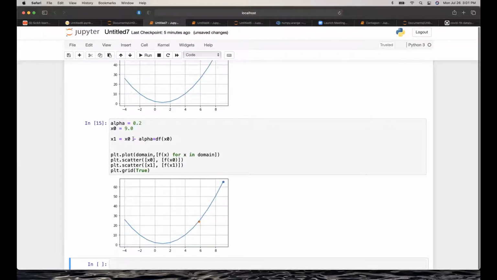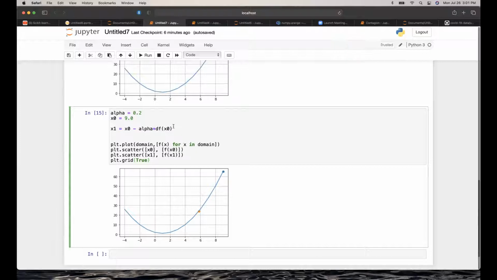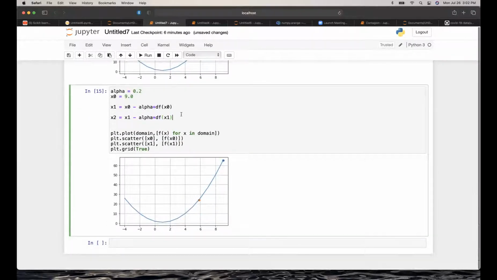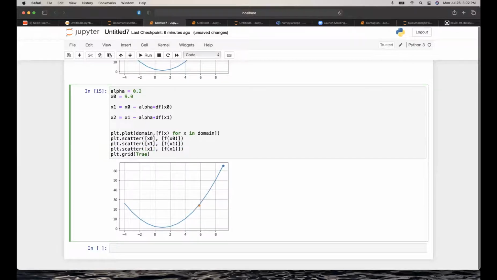And if I didn't mention it clearly earlier, we're subtracting this value off because if the derivative is positive, we want to go negative. If the derivative is negative, we want to go to the right, go positive. Maybe let's iterate this a few times now and see what happens. Say x2 is equal to x1 minus alpha times that. I'm curious, just one more step. So now we have x2.